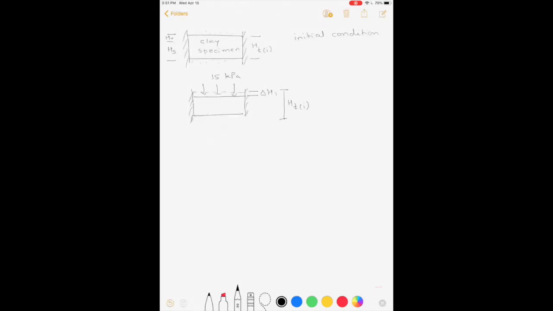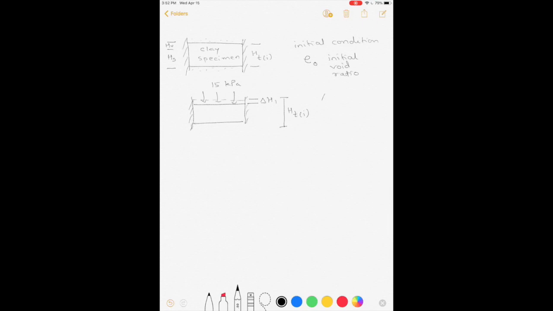So the change in void ratio, we already saw how much the initial void ratio was and how to calculate that, before we started applying any stresses. The change in void ratio, delta E1, is going to be delta H1 divided by HS. So the new void ratio E1 is going to be E0 minus delta E1.